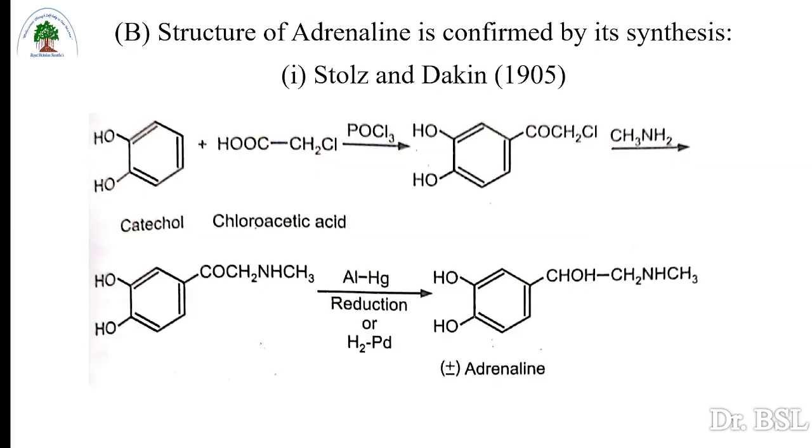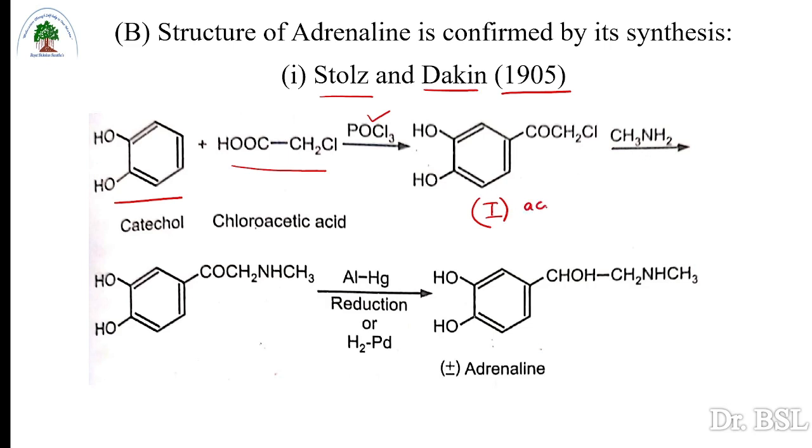The structure of adrenaline is confirmed by its synthesis. Stolz and Dakin in 1905 gave the synthesis of adrenaline. In the Stolz and Dakin synthesis, catechol reacts with chloroacetic acid in presence of phosphorus oxychloride, POCl3, to give this first acylated intermediate.